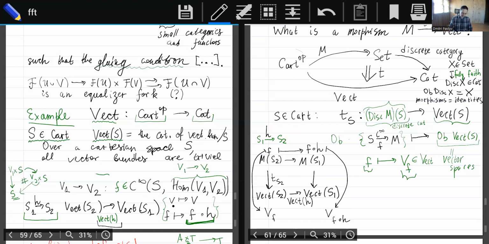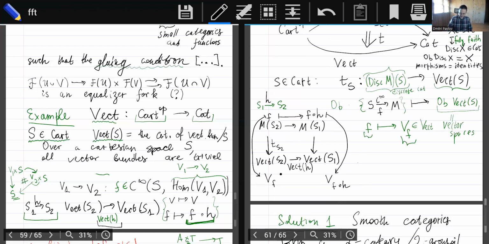And we saw that if you pull back a trivial vector bundle with a fiber V, you again get a trivial vector bundle with the fiber V. So the bottom functor sends Vf to itself. And the commutativity of the diagram means these two vector spaces must coincide.